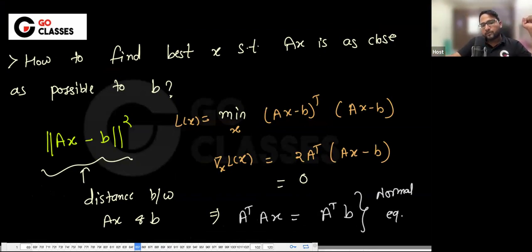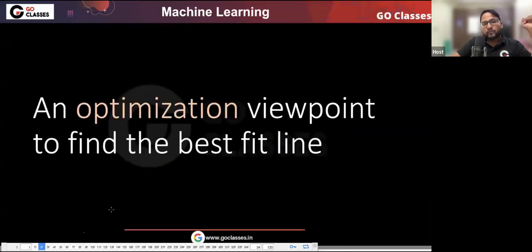So we will talk about this tomorrow. Today we have talked about an optimization viewpoint of finding the best line. Tomorrow we will talk about a linear algebra viewpoint to find the best fit line. Now we have taken the gradient and found the best fit line, but we can find it using linear algebra also, without even differentiating a scalar x square, just using a single matrix.